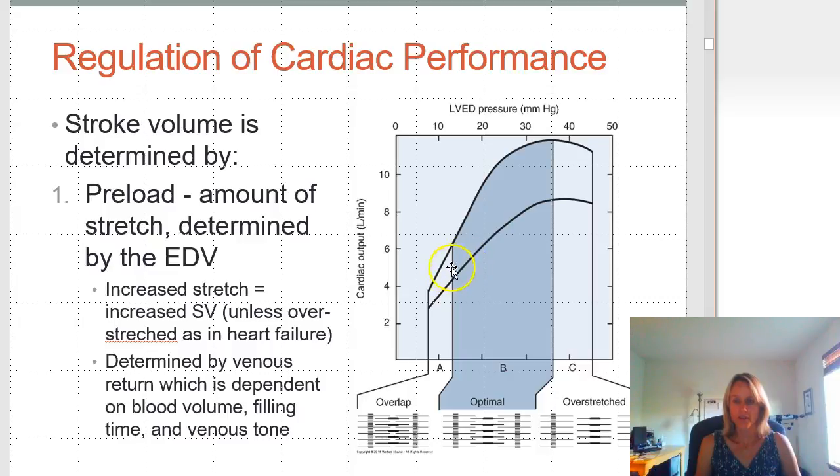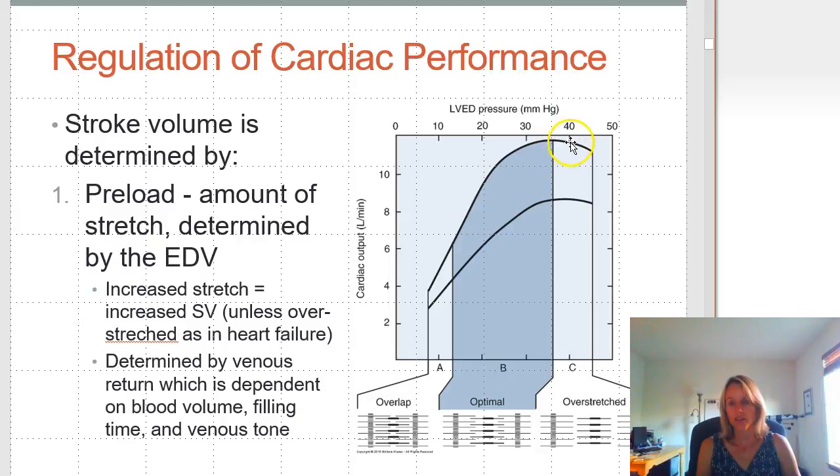So in a normal heart, this would be in the optimal range. Blood is returned to the heart, and the greater the return of blood, the greater the stroke volume, and thus the cardiac output. If the heart becomes overfilled, which can occur with heart failure, if the heart is not strong enough to pump all of that blood out, then much of that blood remains and the end diastolic volume builds up.